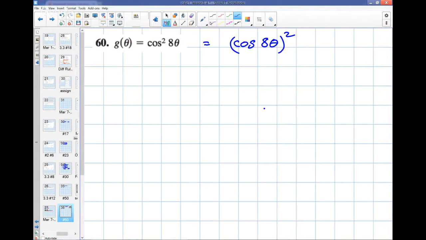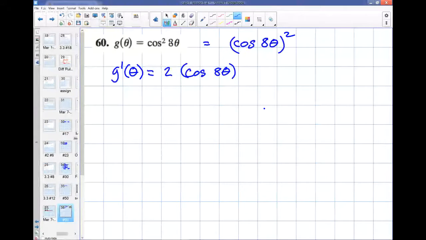So when we take g prime of theta, we first do the power rule. Bring the exponent down, keep the rest of it the same to the first power, so I don't have to write that. Now, do we have an inner function? Oh yeah, we got a bunch of things going on here. The next thing as you're going toward the inside is the cosine. What's the derivative of the cosine?